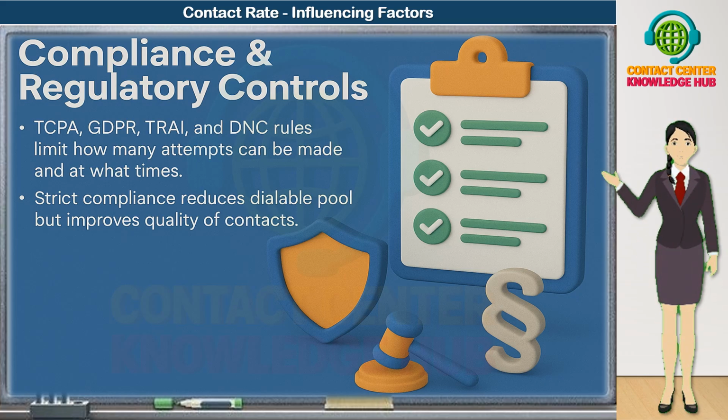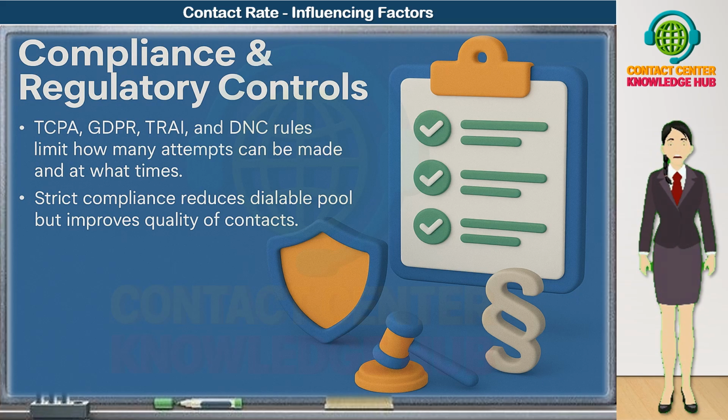While strict compliance may reduce your dialable pool, it ensures that every contact made is legally valid, ethically sound, and brand safe. This not only protects your organization from fines or reputational damage but also improves customer interactions. In other words, compliance filters may narrow your reach, but they sharpen your accuracy.